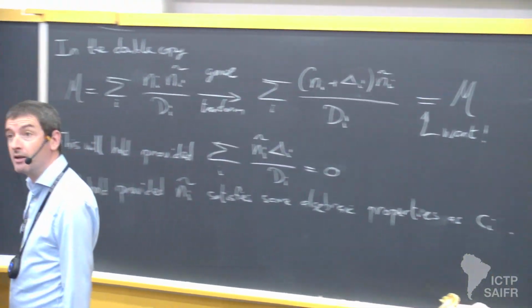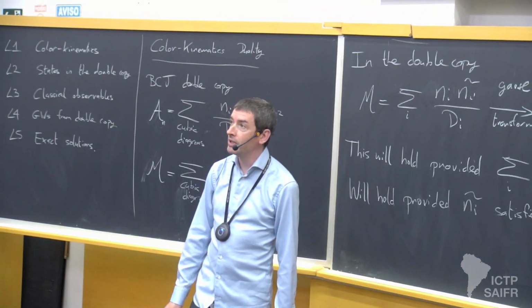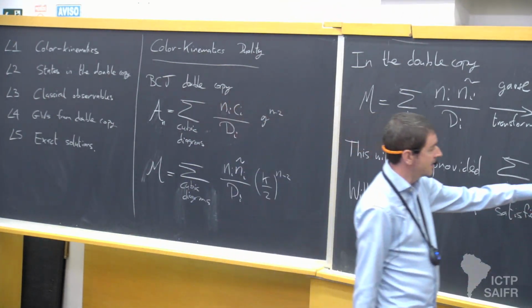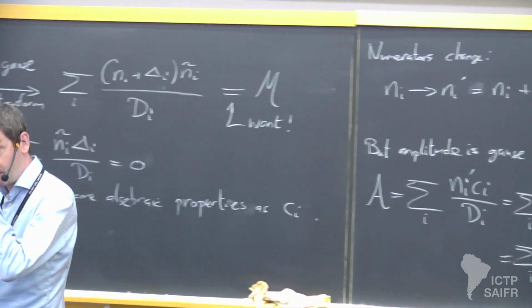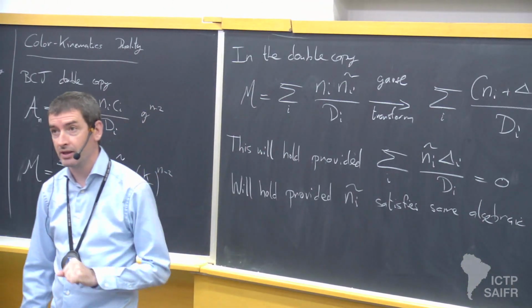But it doesn't explain where they come from, and that's exactly right. We don't really know where the Jacobi relations come from in a more fundamental sense, although there are examples where we know where it comes from, and I'll give you an example.